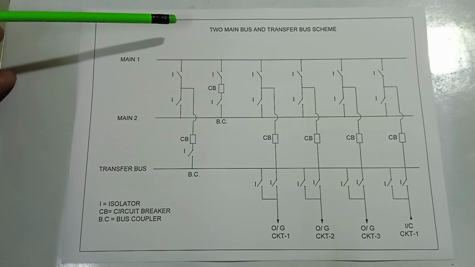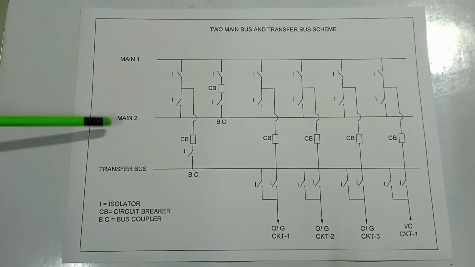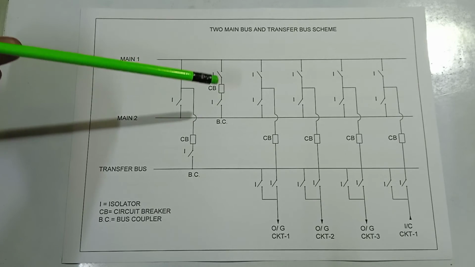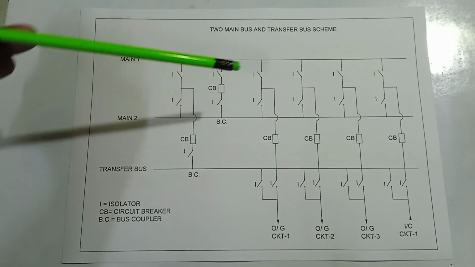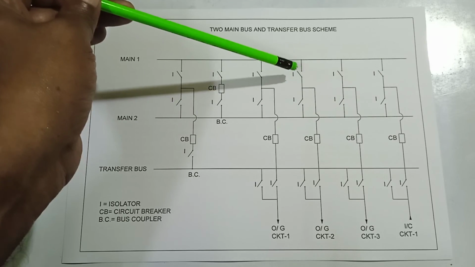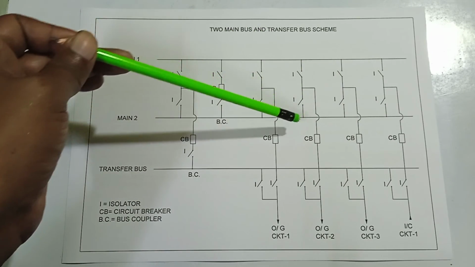Two main bus and transfer bus scheme. Here is main 1, main 2, and this is the bus coupler which is closed during the changeover of the isolators. These are the two isolators related to main 1, and these are related to main 2.